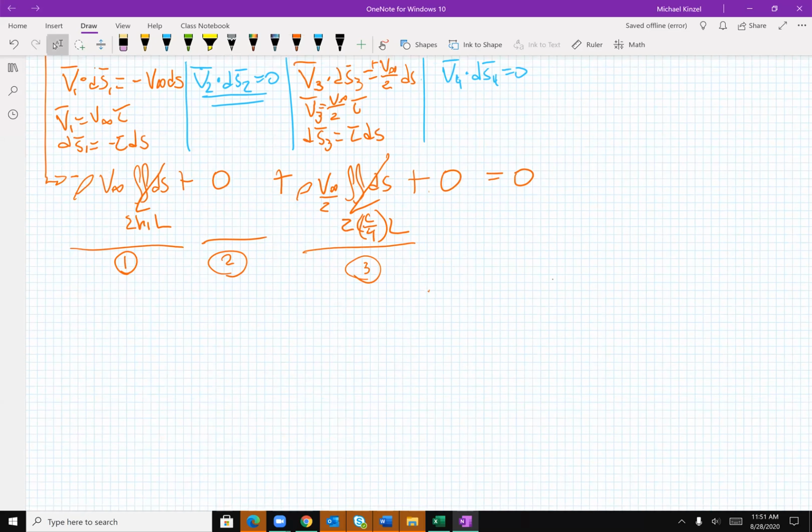So if we pull all this together, we have an equation that says rho V infinity times 2h1L plus, these two are going to cancel out, rho V infinity c on 4 L equals 0. So all we need to do is solve for h1.